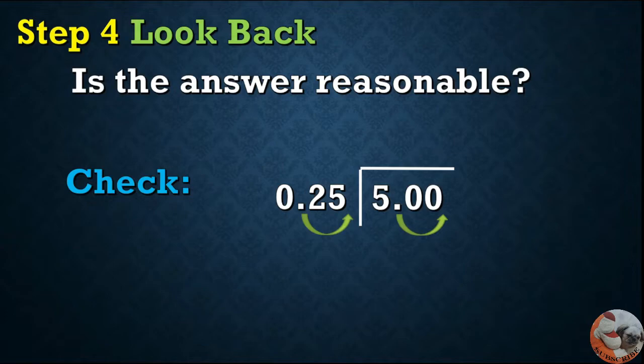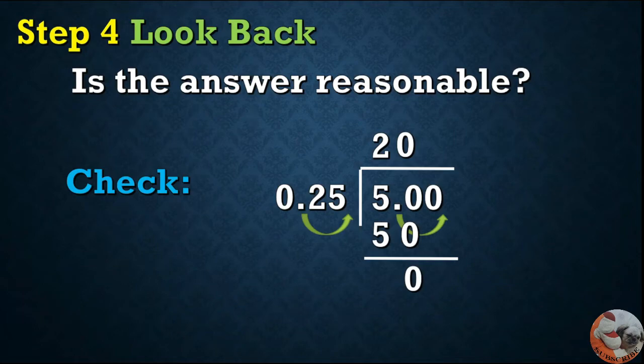So it will become 500 divided by 25. So 2 times 25 is equal to 50. Subtract it. Then place another 0. So 0 times 25 is equal to 0. 0 minus 0 is 0.